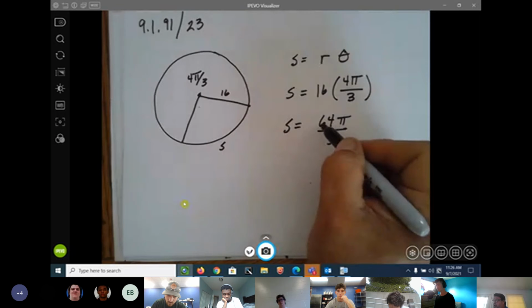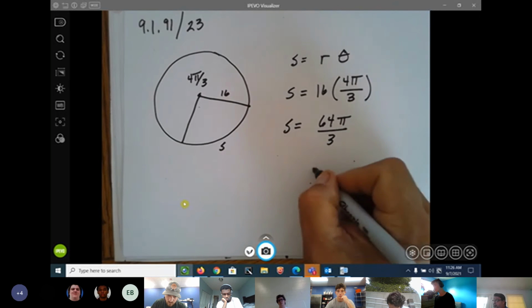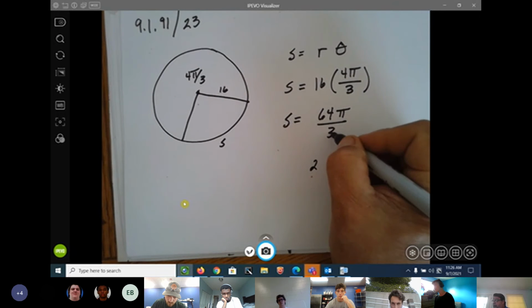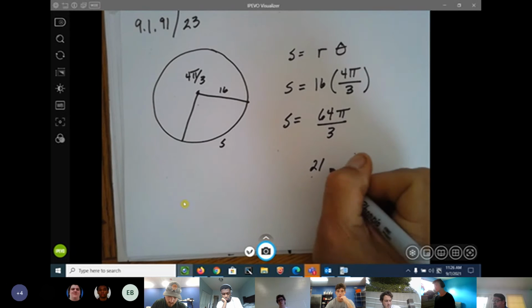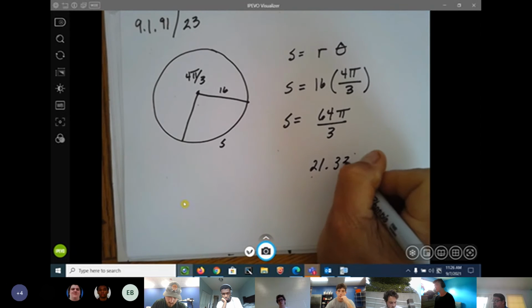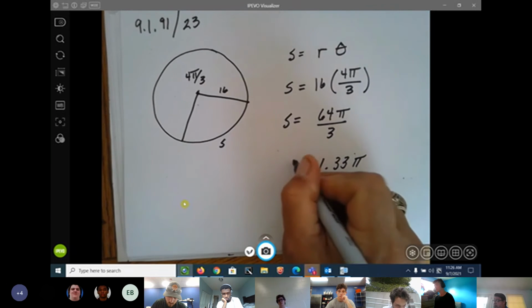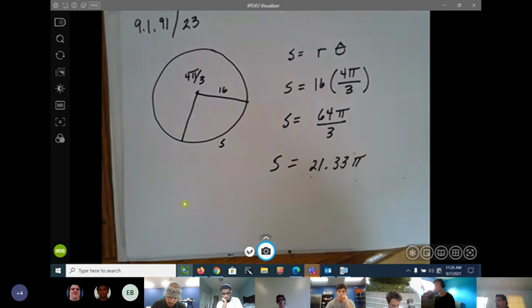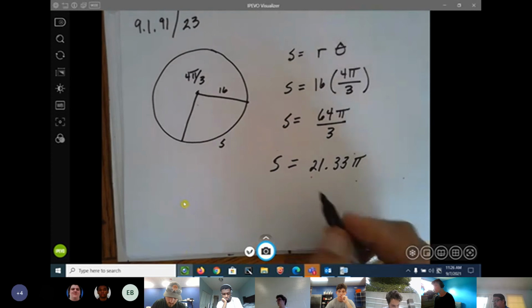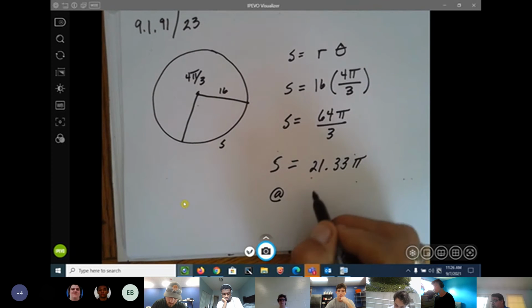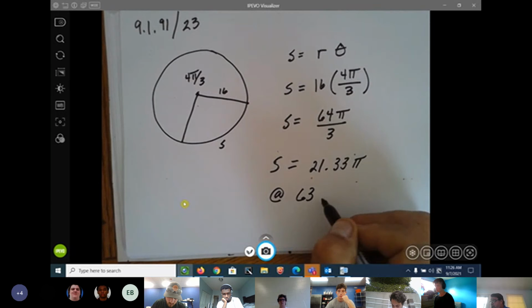And 3 will go in there 2 times, that's 3 going there 2 times, 3 will go in there 1 time, leave 10. So 21.33 pi. And 21 times 3 is 63, so it's going to be at least 63 units.